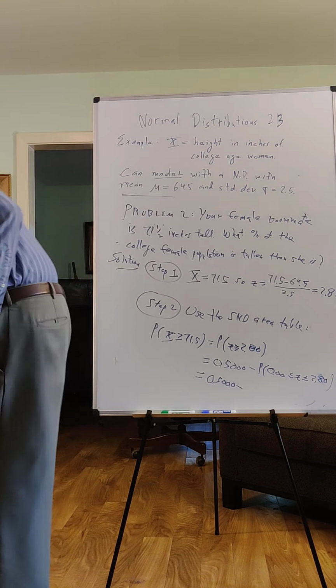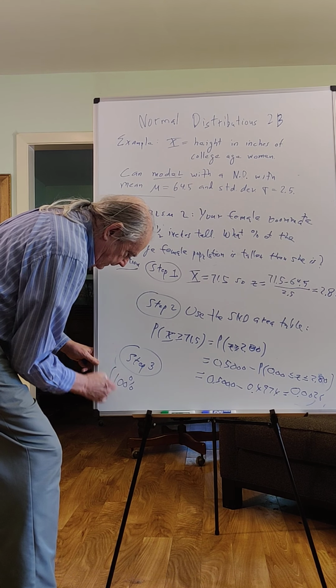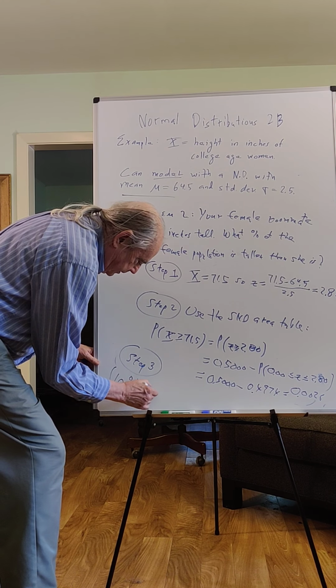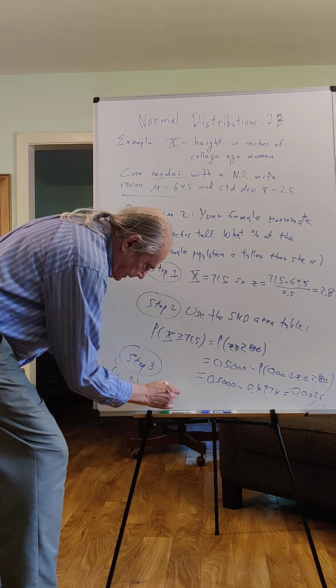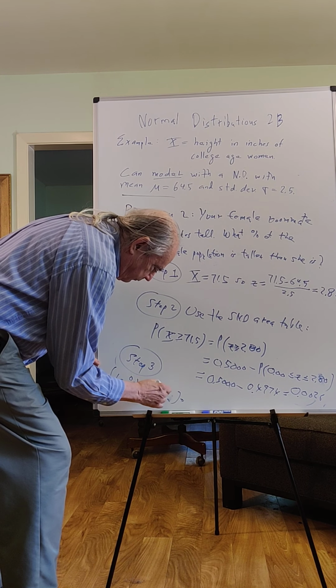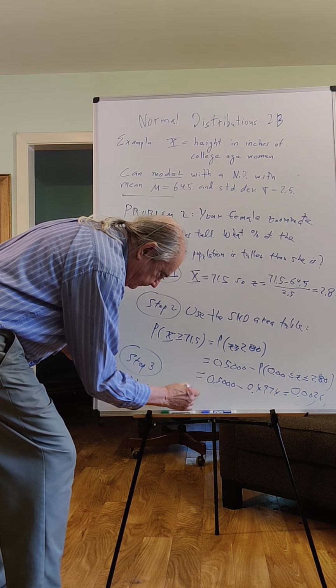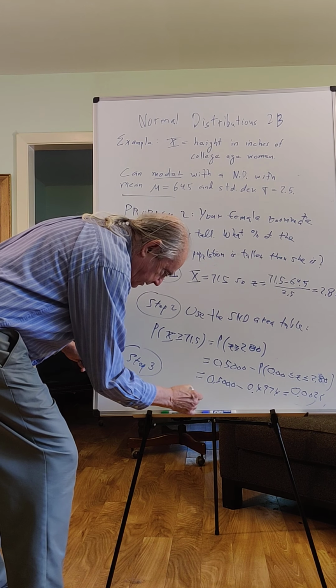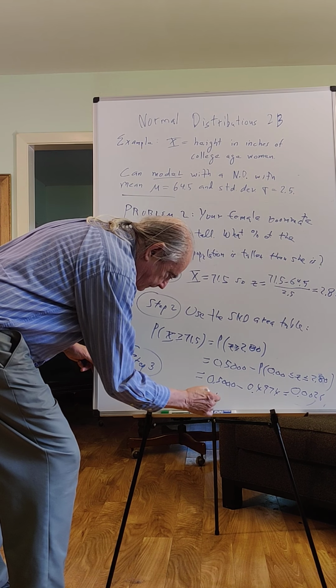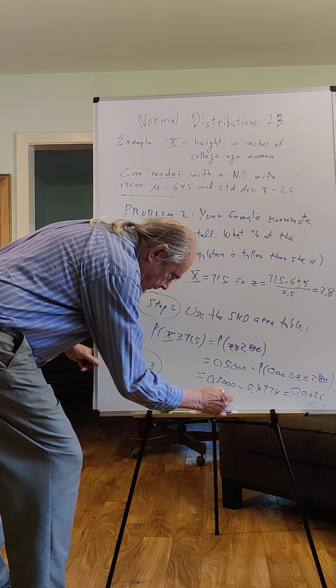So this is step 3. The percent is, I'm running out of space here. So 100% times 0.0026 is about 1/4 of 1%. 0.0025 would be 1/4 of 1%.